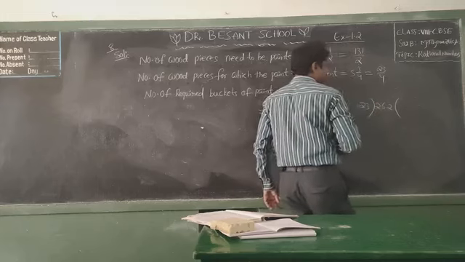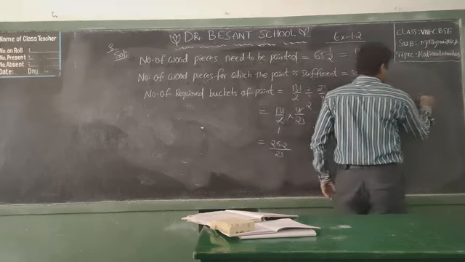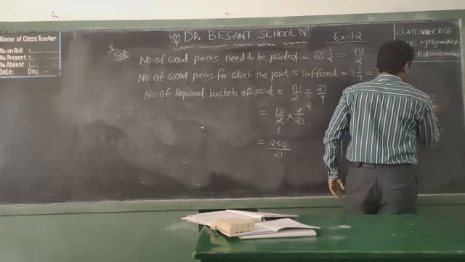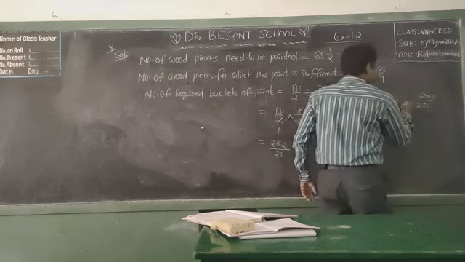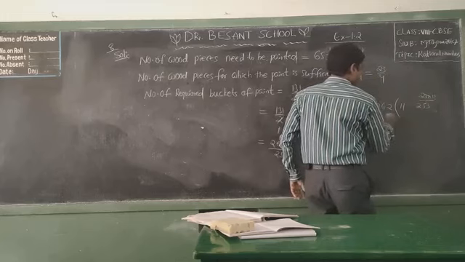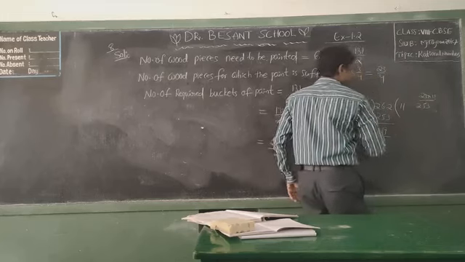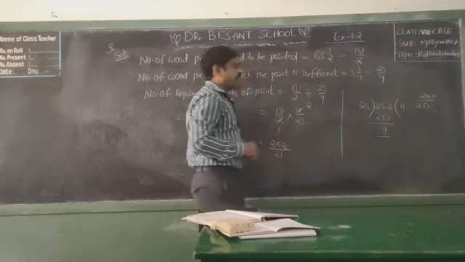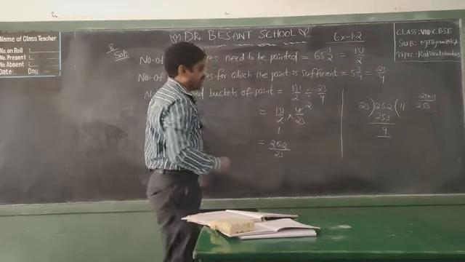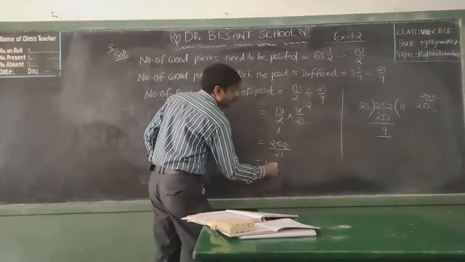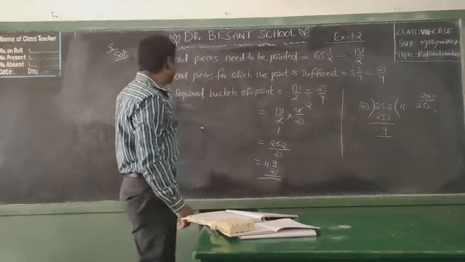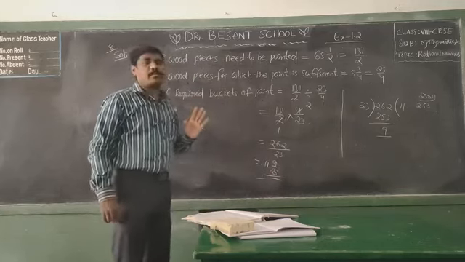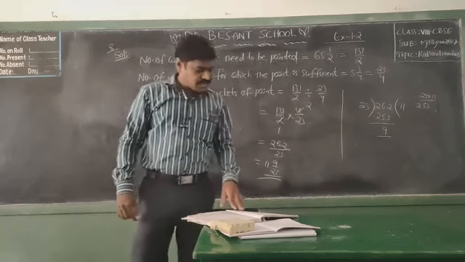So division of 262 by 23: 23 11s are 253. So that is equal to 11 and 9/23. So this is the required number of buckets of paint. Okay. So what is the conclusion?